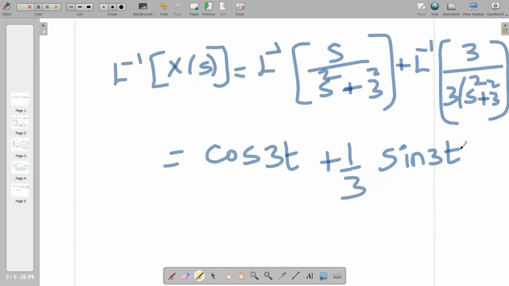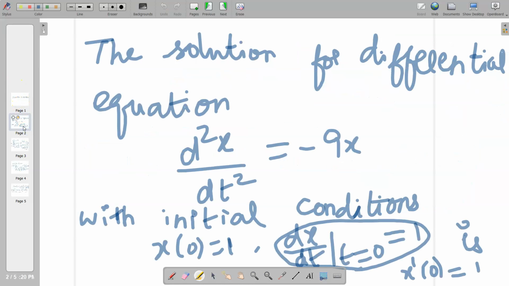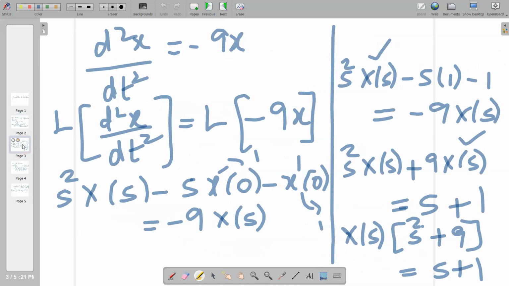So, on the left hand side I have L inverse of X of s, which is nothing but x of t. Okay. So, this is the final solution for this problem. So, what is your problem? The solution for the differential equation of this kind: since they have given the initial conditions, you have to consider the initial conditions while applying the formula.